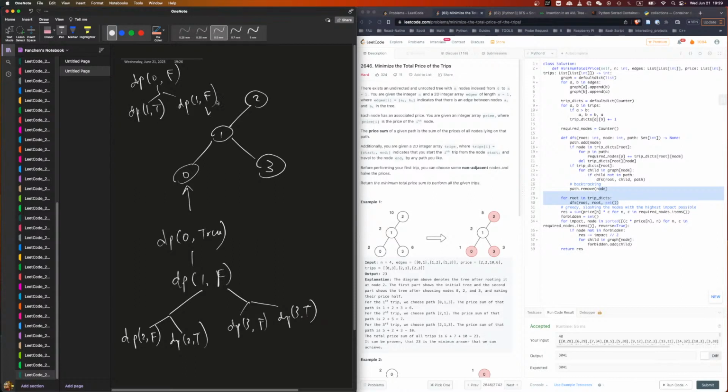Oh, and this problem is already solved. Holy crap. How did you not do this? Yes, this is the result. This is a freaking result. Yeah.